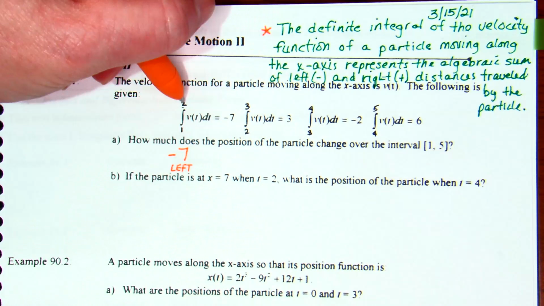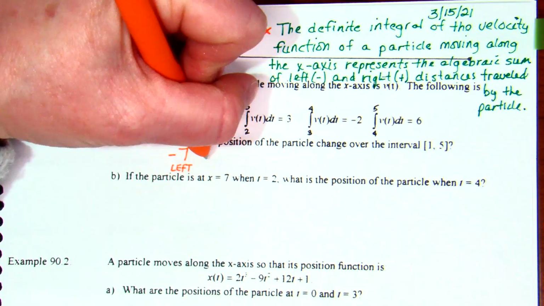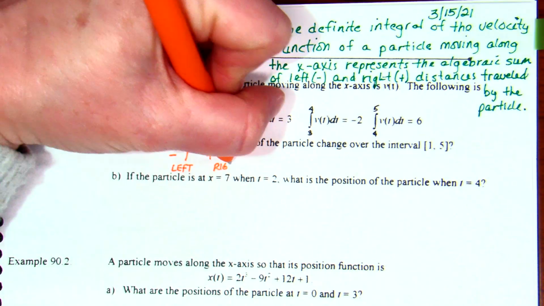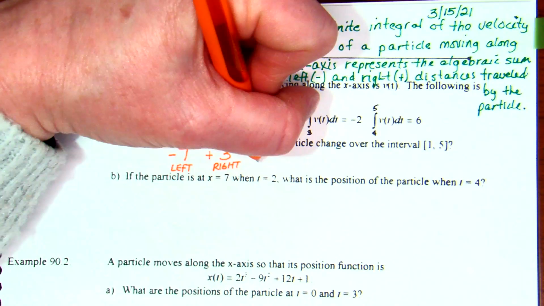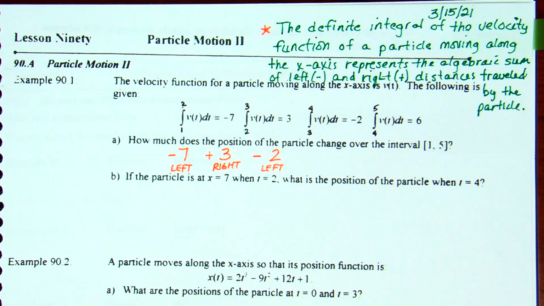Then what happens at 2? From 2 to 3, we're going to go what? Right. It's a positive 3. So right 3. And then from 3 to 4, we're going to go negative 2, so left 2.